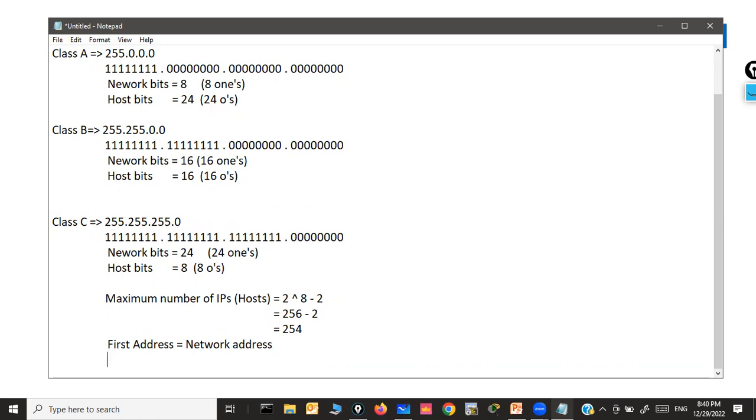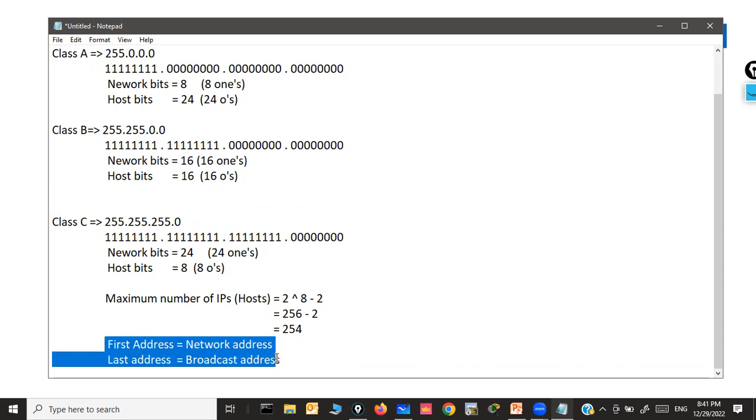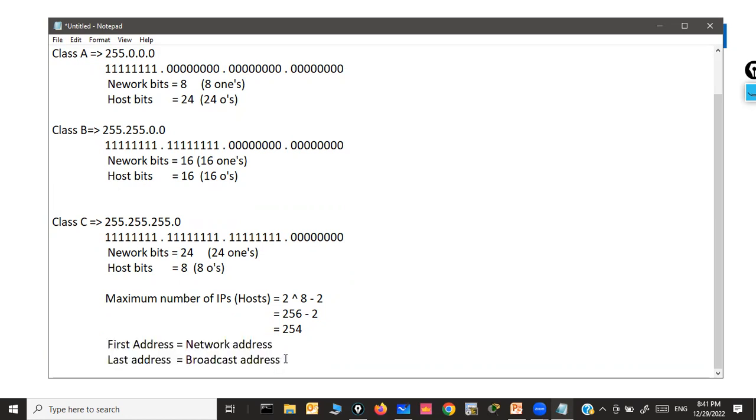And the very last address is reserved and used internally by computers and devices for broadcast purposes, so it is known as the broadcast address. So the first address and last address of any class network are both reserved.